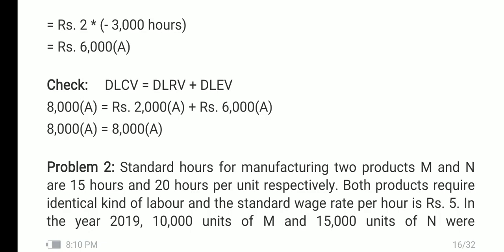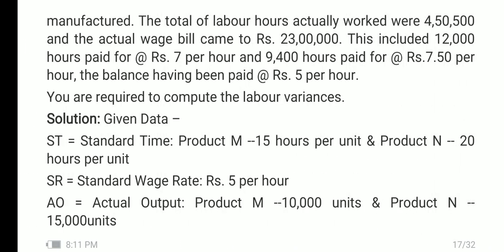Further, wage rate is rupees 5, a uniform rate is given here, rupees 5. In the year 2019, 10,000 units of M and 15,000 units of N were manufactured. That is the actual output given.